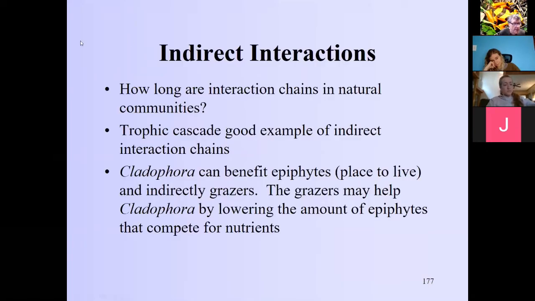So we're talking about indirect interactions when we left off the last time. And I gave an example of Chlorophyra. And I just wanted to give a little bit of theoretical background to give you all an idea of how complex things really are.